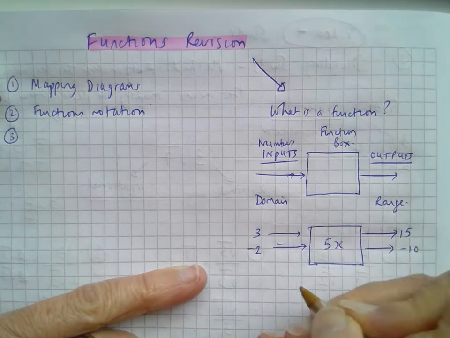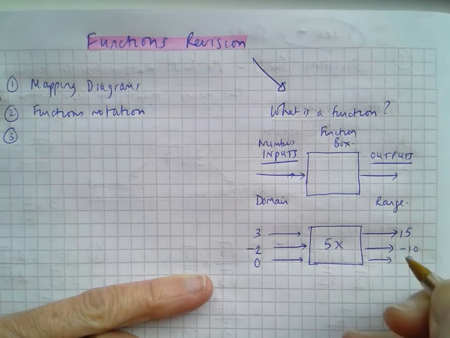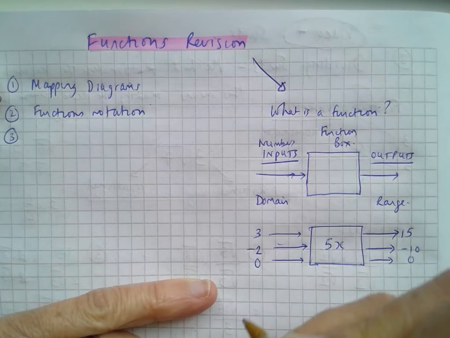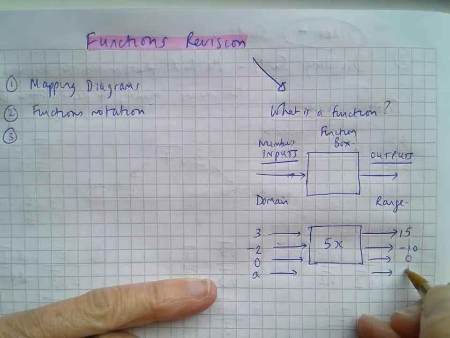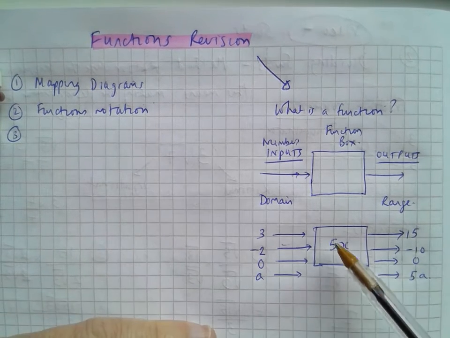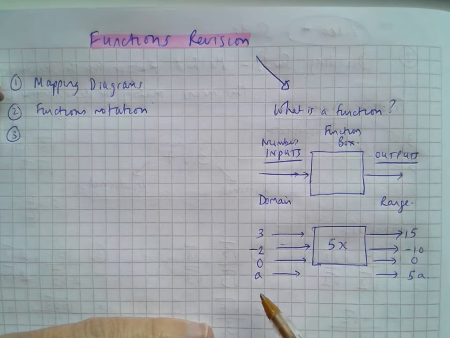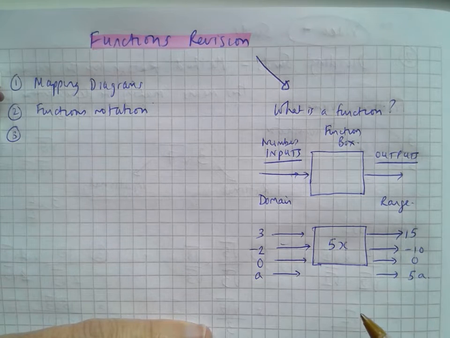Say we put 0 in, 5 times 0 is 0. And one more, say we put a into the function box, we'd get 5 times a, which is 5a. So a function is like a box that we put numbers, letters or expressions into, and we get another letter, expression or number out.